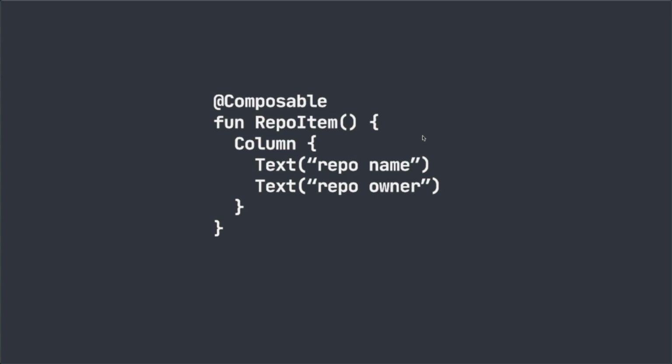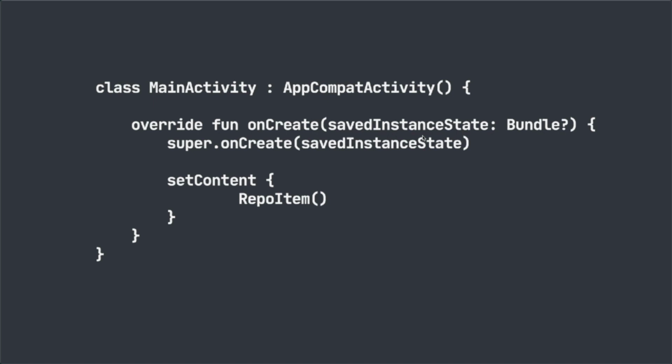This is how Compose really works. You have these different functions. You have this nice DSL that's all taking advantage of Kotlin features to provide a very nice declarative way for us to build UI for Android. And then here we could call one of those composables within our setContent method in the activity. And that's it. We have no XML, but we have a nice UI all written in Kotlin.